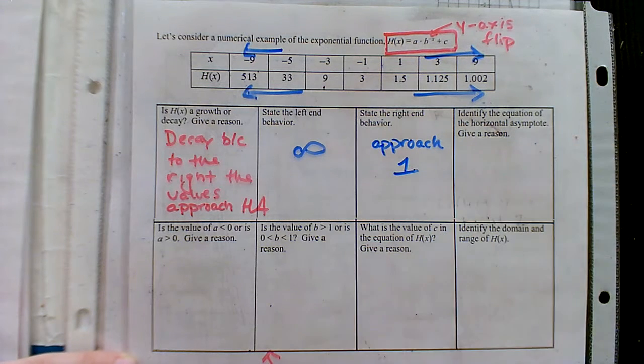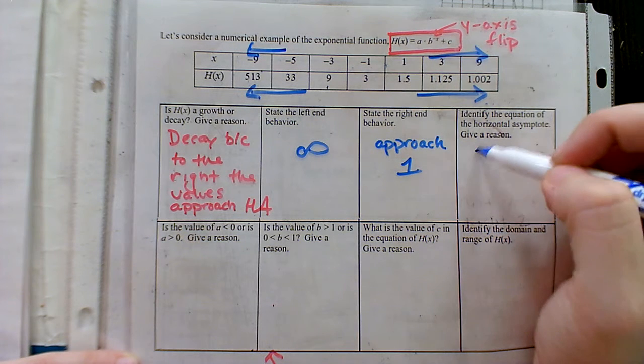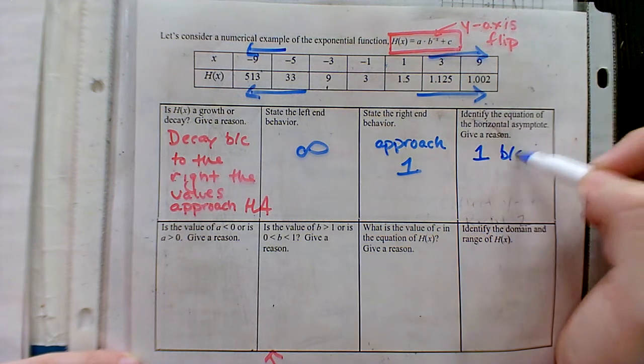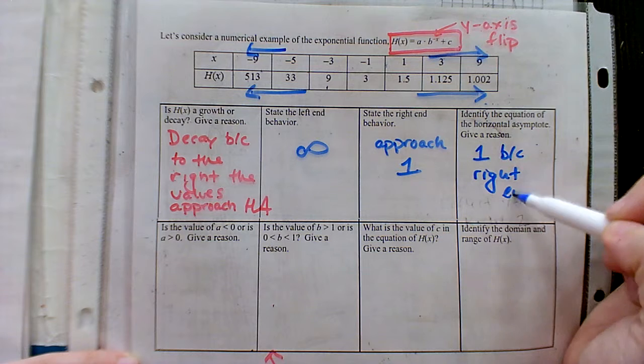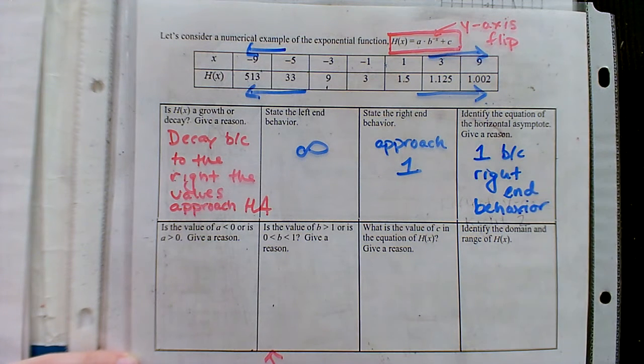All right, so this value of 1 that we're approaching must be our horizontal asymptote. It says give a reason. Maybe we'll say because of the right end behavior, we were approaching 1.